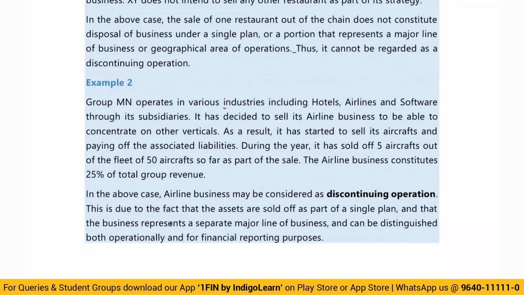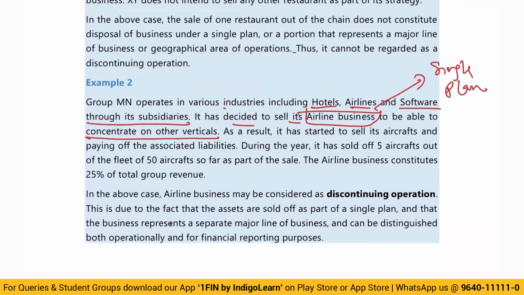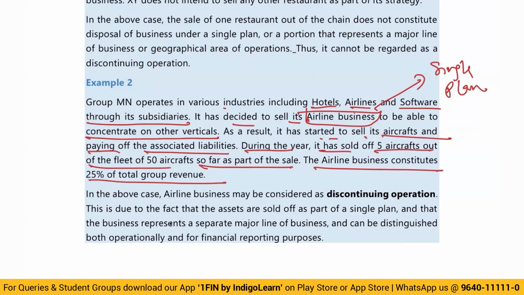A group operates in various industries including hotels, airlines, and software through its subsidiaries, and decided to sell its airline business to be able to concentrate on other verticals. Now here you're selling off under a single plan; the subsidiary is a component, and it is one business, the airline business. As a result, it has started to sell its aircraft and pay off the associated liabilities. During the year, it has sold off 5 aircraft out of a fleet of 50. The airline business constitutes 25%.